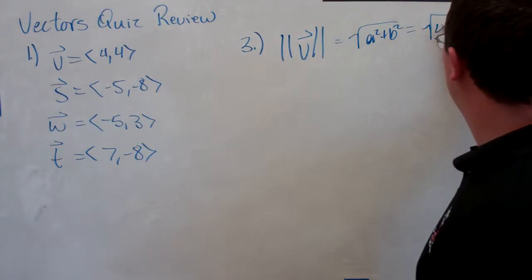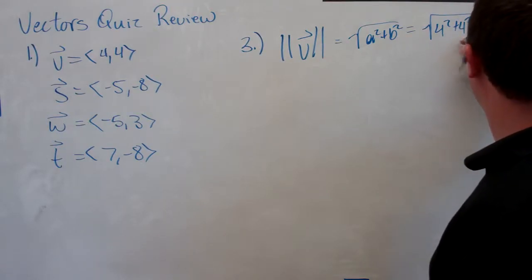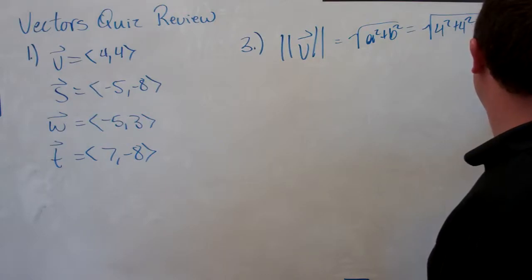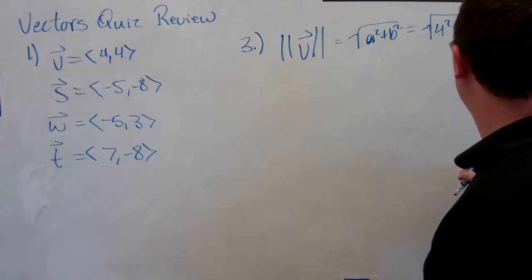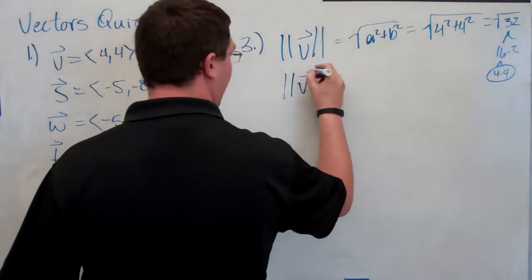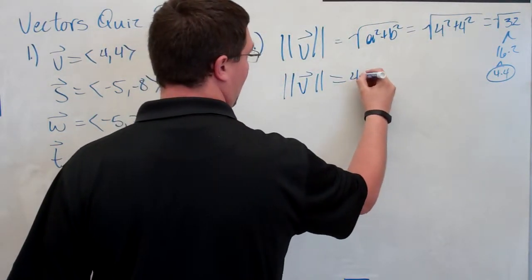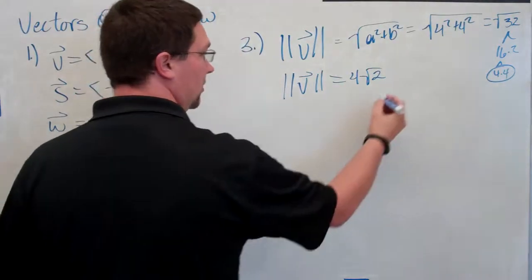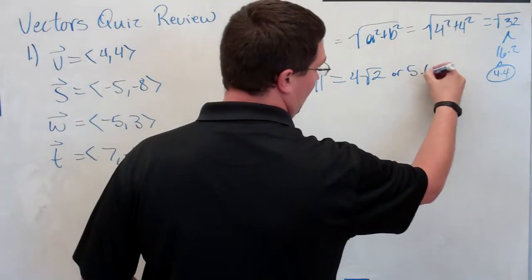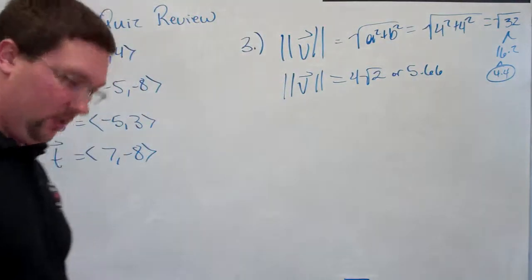So the square root of 4 squared plus 4 squared, which is the square root of 16 plus 16, which is 32, which of course breaks down to 16 times 2, which breaks down to 4 times 4. So you can pull that out. So your magnitude of V is simply 4 square root of 2. Or, if you wanted it in decimal form, it would be 5.66.